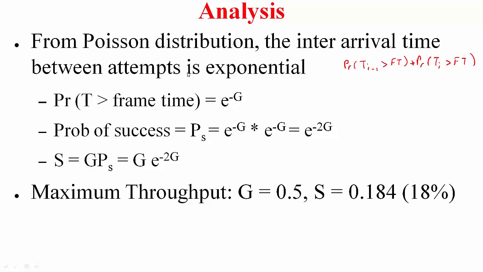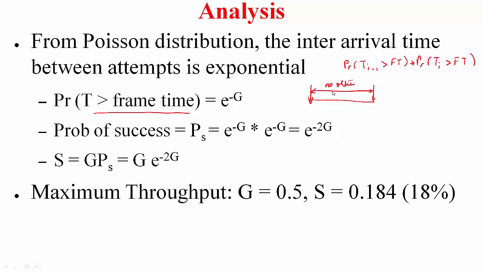When you have a Poisson distribution, it turns out that the inter-arrival time between attempts is exponentially distributed. If you have read up on Poisson distribution, this will definitely be mentioned. So basically this probability is given by this. What is the logic for this? Suppose you have an arrival, for your next arrival to exceed this time, within this interval no other arrivals have to happen.